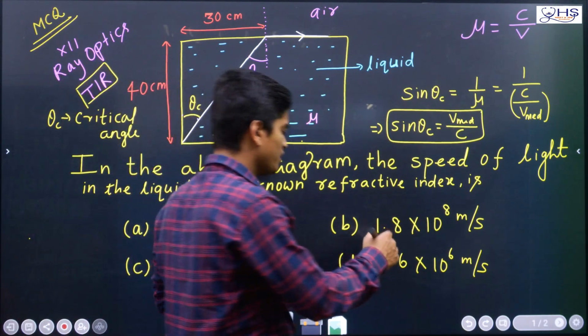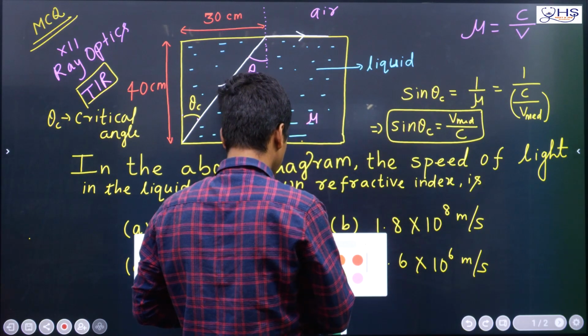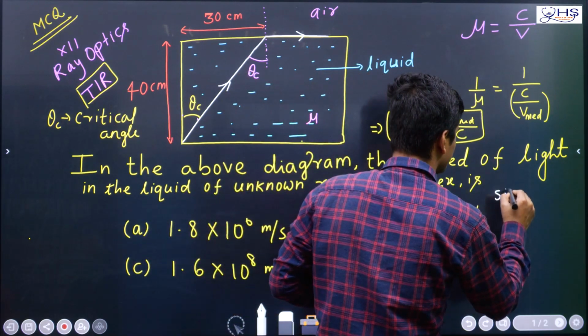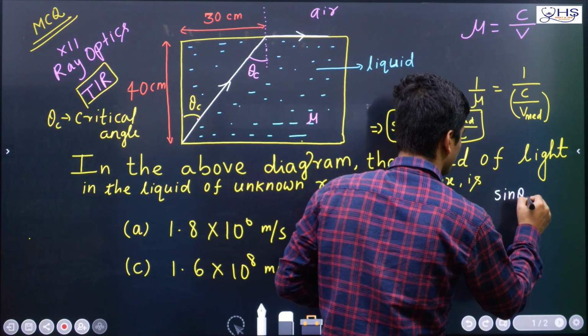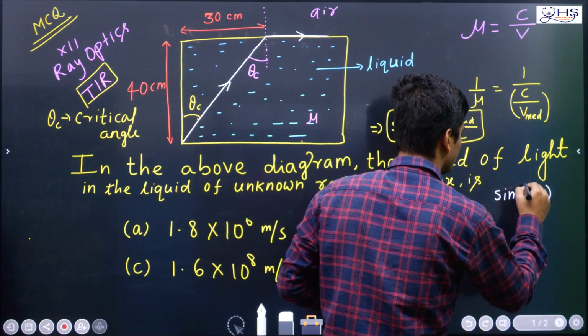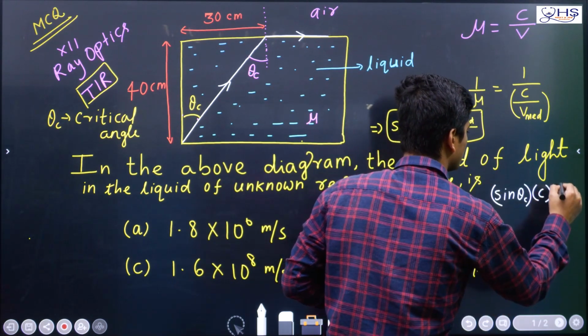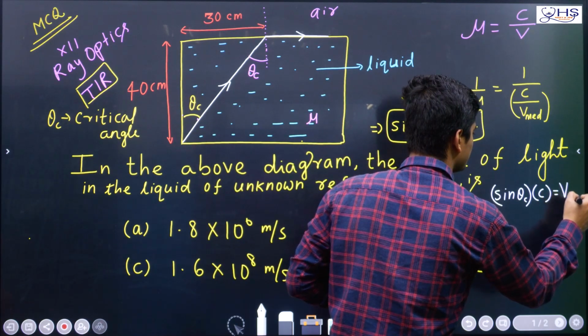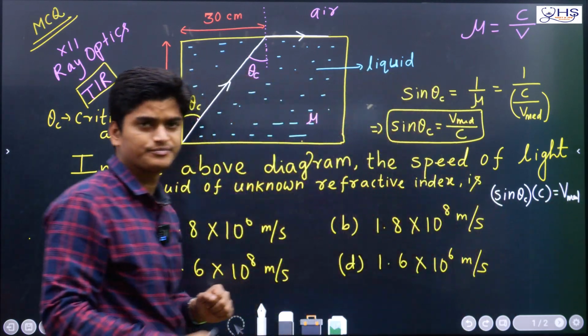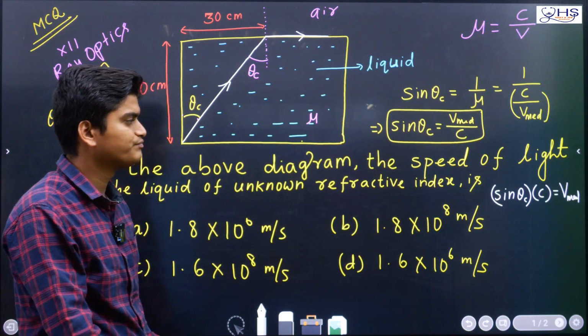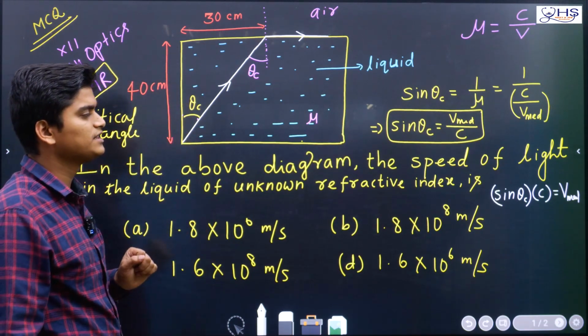So now I can write V medium equals sin theta c into C, where V medium is the velocity of light in this liquid medium. Now we need to find sin theta c.